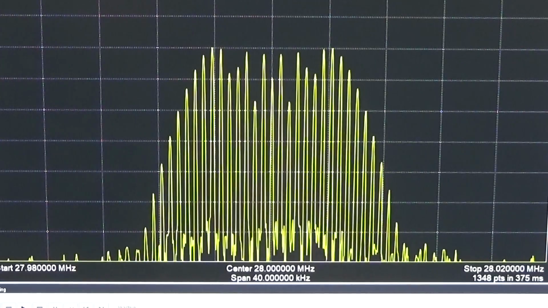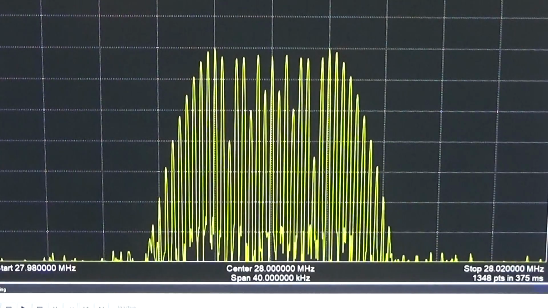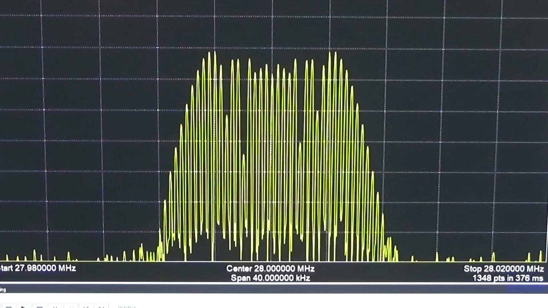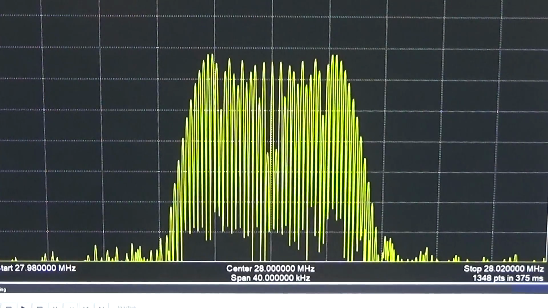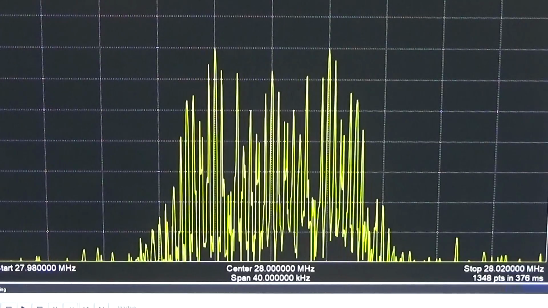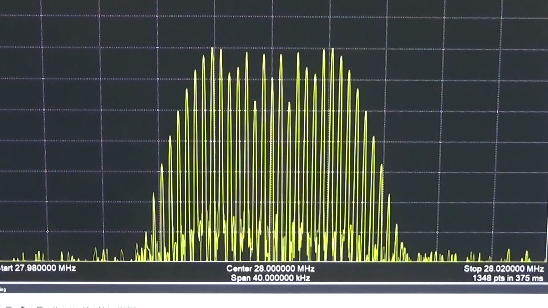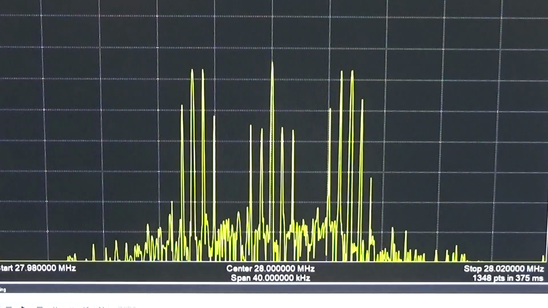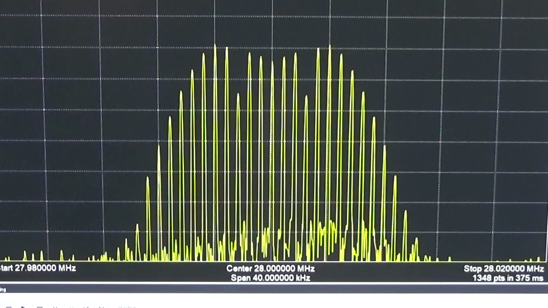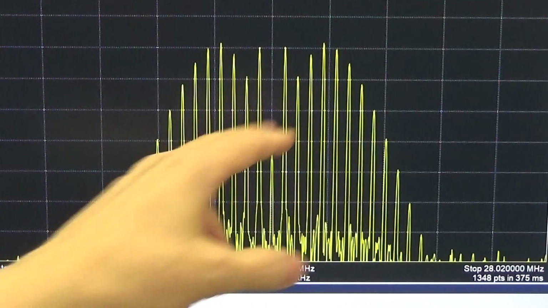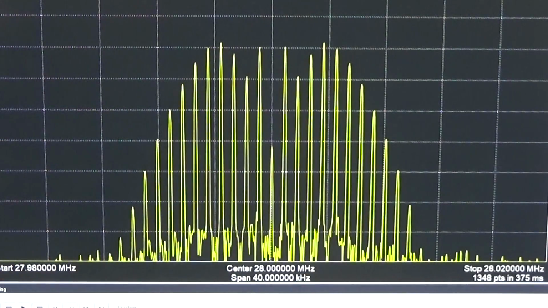And when I'm changing here, you can see it hopefully. When I'm changing here my audio frequency, and that is what I'm doing here, you see that the amplitudes of our spectrum, so the single amplitudes, are changing.